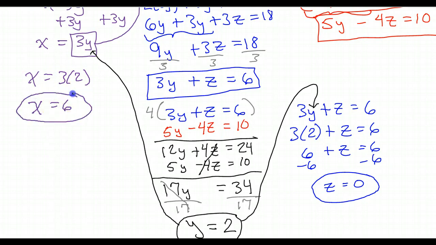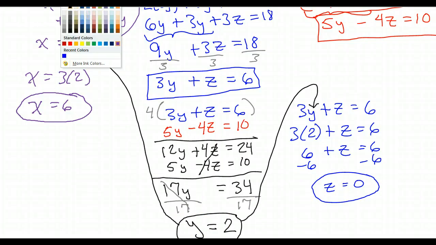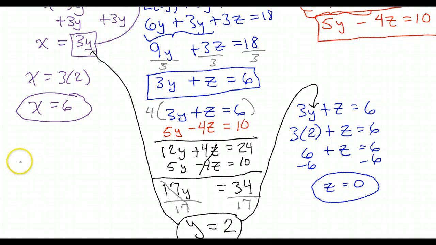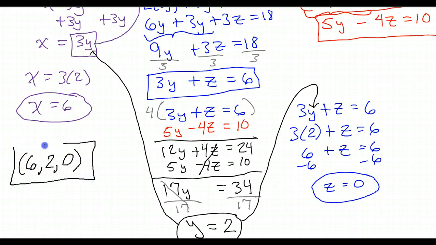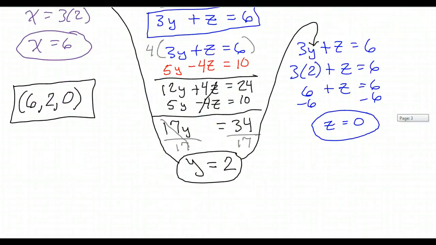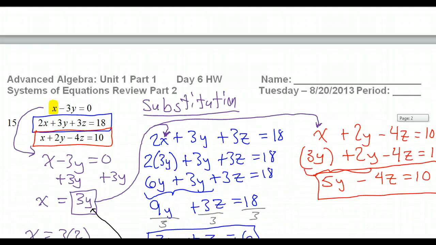So now I have all three of the values, x, y, and z. So if I record my final answer as a nice ordered triple in the form x, comma y, comma z, then this is what I should have. Okay, so that was number 15.